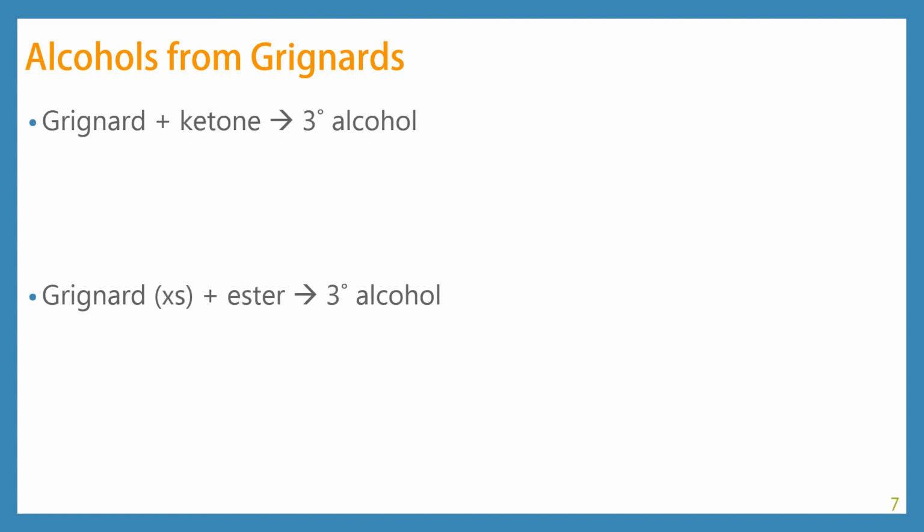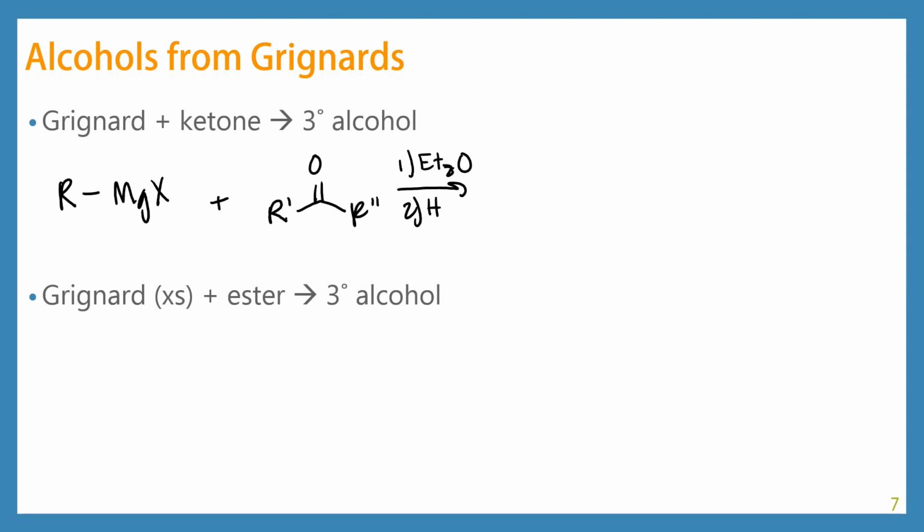If we react a Grignard with a ketone, we end up with a tertiary alcohol that has a whole bunch of potentially different R groups on it.